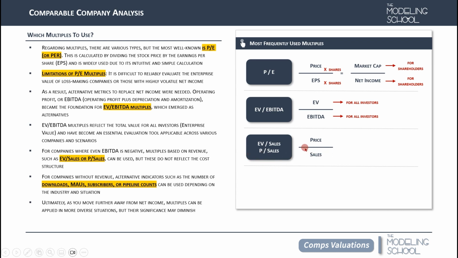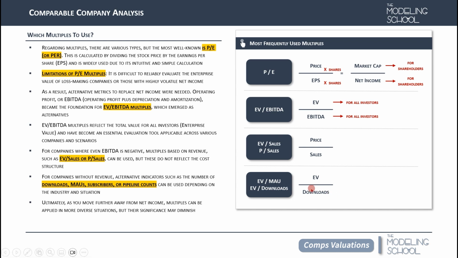So in such cases, we use alternative metrics like MAU, monthly active users, number of downloads, subscribers, or pipeline counts in biotechnology. We use our targets, a specific performance metric, for the denominator.